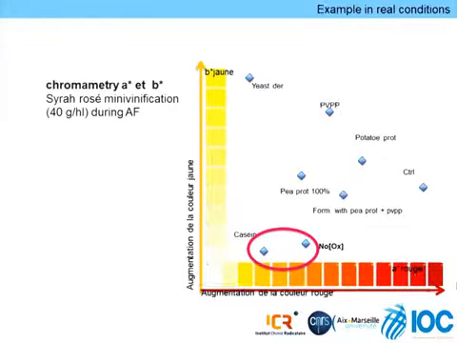This is the reading of the color yellow on the y-axis, and we have red on the x-axis.